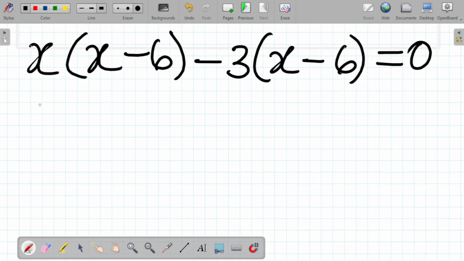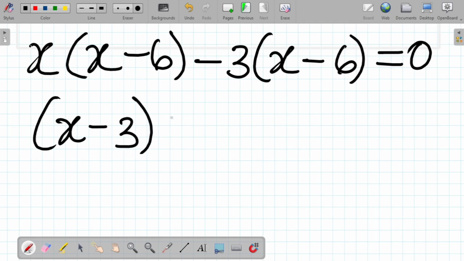Our next task here is to pick the 2 terms outside the bracket and multiply one of the brackets. So we'll pick x and -3. So we have x minus 3, and then we'll multiply one of the brackets.